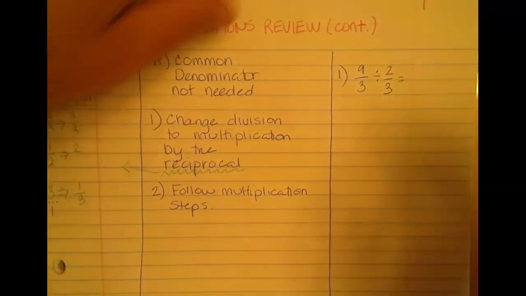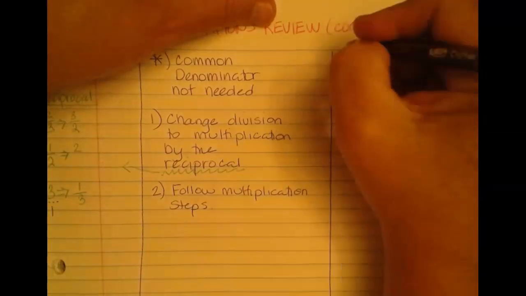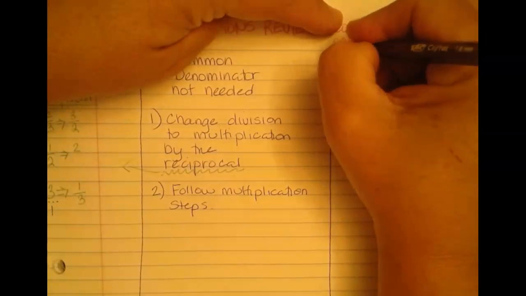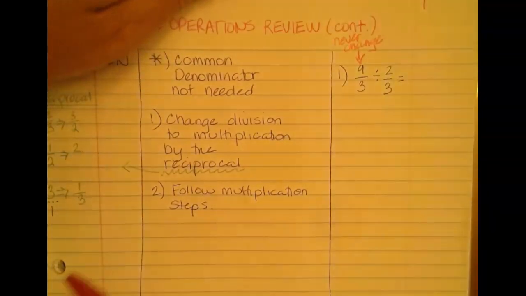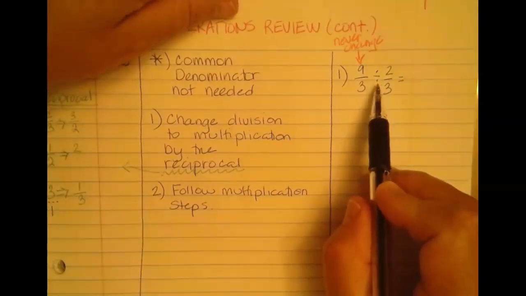But the first fraction in a division problem always stays the same. You never, never, never change the first fraction. When you're changing division to multiplication, the first number doesn't change because you're not even to the division yet. Once you get to the division, it's the division symbol that causes you to make the change.